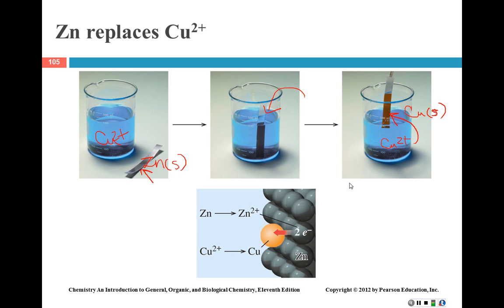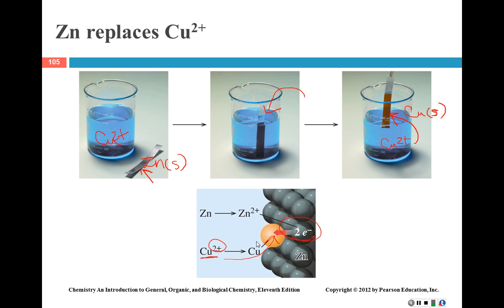And so on a molecular basis, what's happening is this copper ion plates as copper metal, and it has to gain 2 electrons to do that because it was a +2.